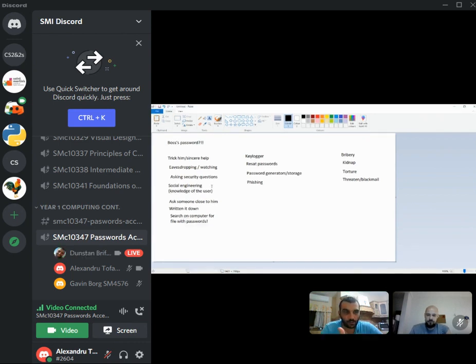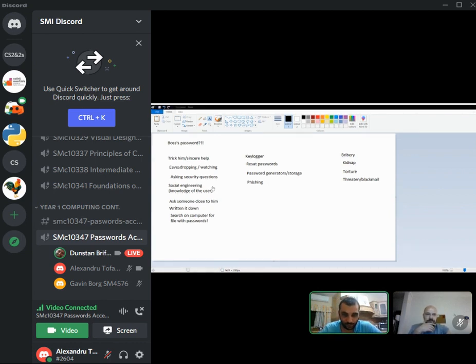Tricking someone, or helping them and then asking for the password, doesn't require anything. Watching or eavesdropping someone type a password is one of the easiest ways of hacking, especially since a lot of people type slowly with one finger. It's incredibly easy to see what that person is typing.